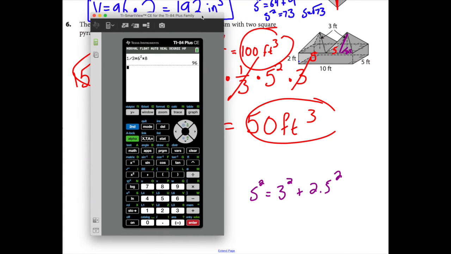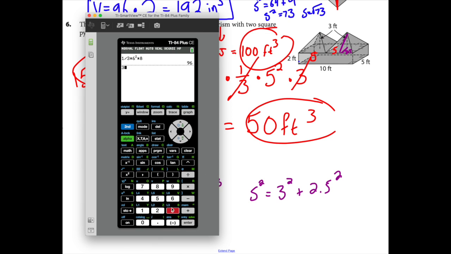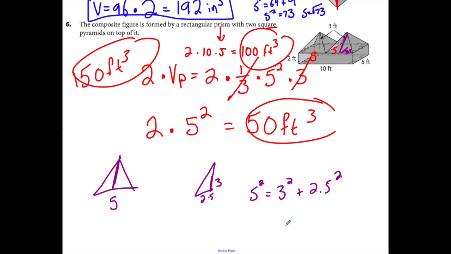Okay, folks, I'm back in my calculator. So I've got 3 squared plus 2.5 squared, which gives me 15.25. Let's take the square root of that, and I get, let's say, 3.91.